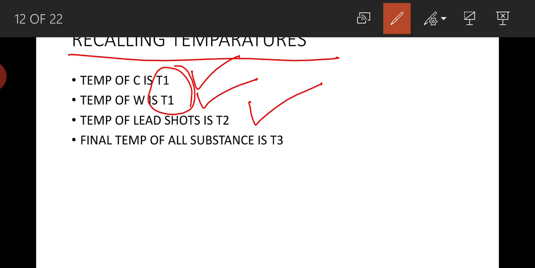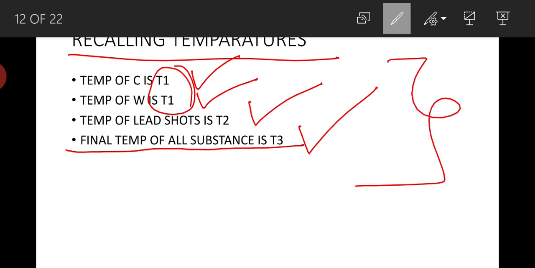After pouring these lead shots, after some time all the substances will reach thermal equilibrium, the same temperature. That final temperature of all substances is T3. Remember, you need to remember these temperatures.